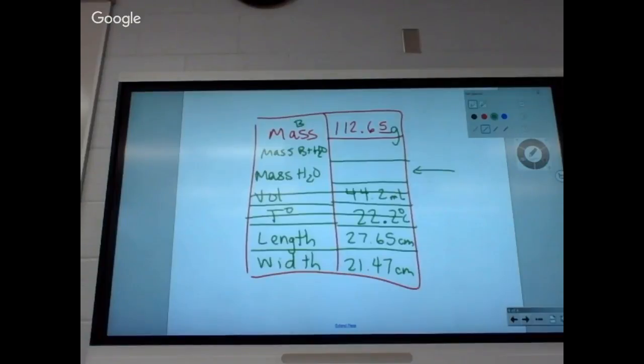All right, y'all are going to find the density of 2 blocks of wood. I got a little block and a big block back here. Little block, big block. Scales are still sitting on the counter.